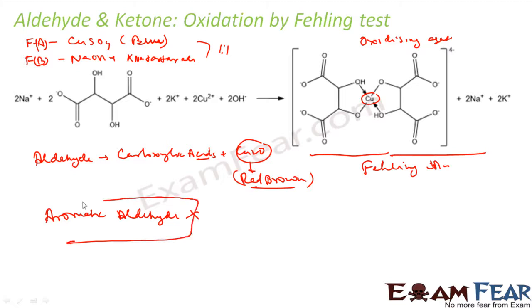If you have an aromatic aldehyde, it will react to Tollens test, but it will not react to Fehling's test. So till now what we have studied? We have studied Tollens test and Fehling test.